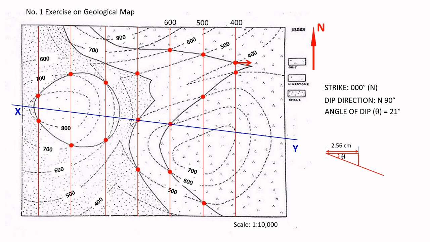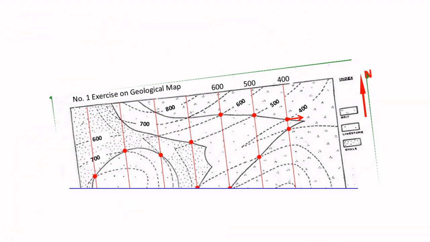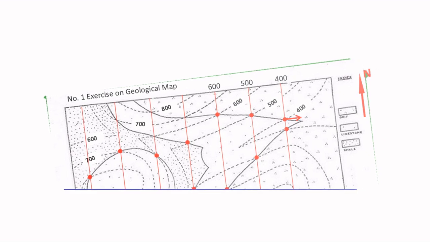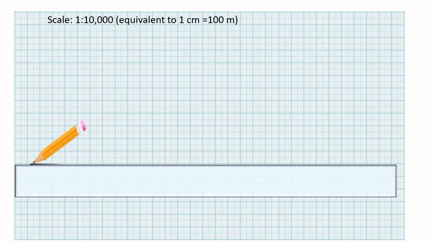Once the section line XY is drawn, fold the map along the line like this. Place a piece of graph paper on a flat surface, write the scale of the map, and draw a horizontal line on the graph paper to represent the XY line.